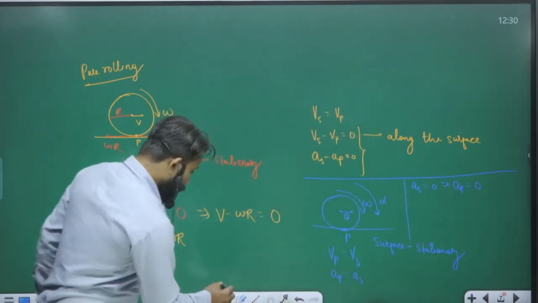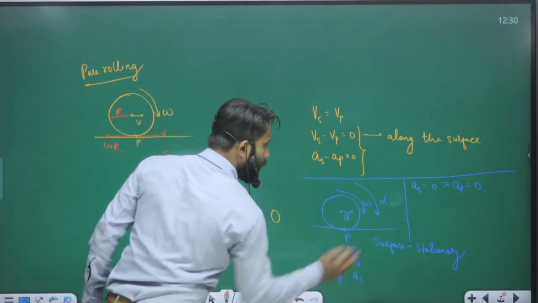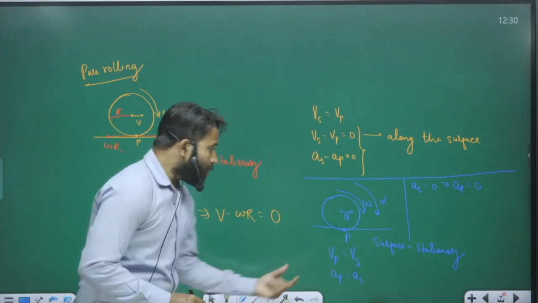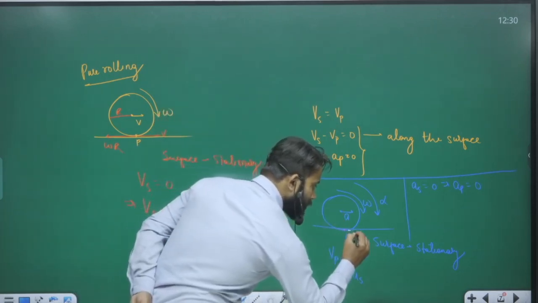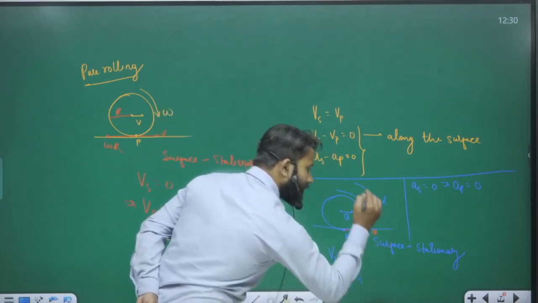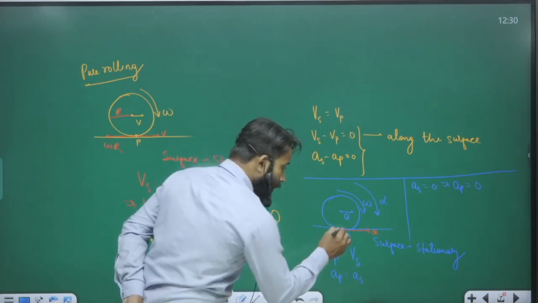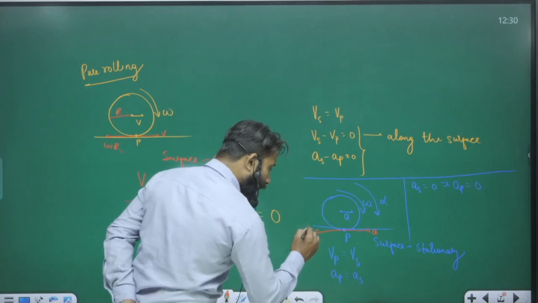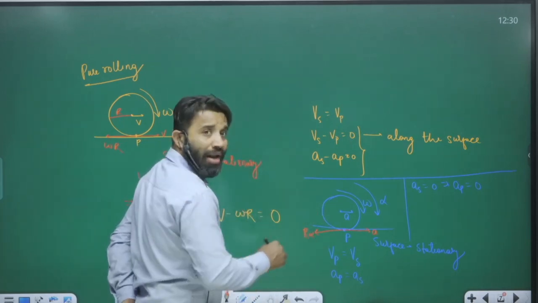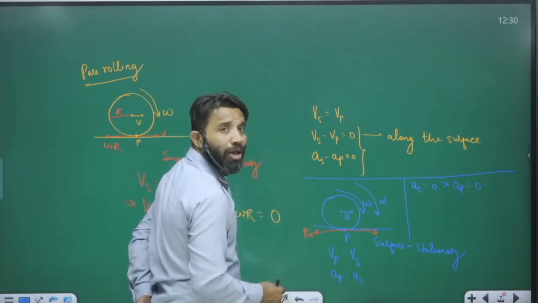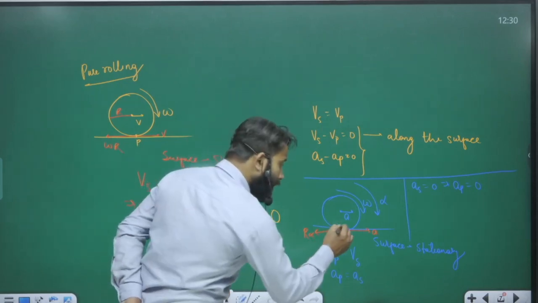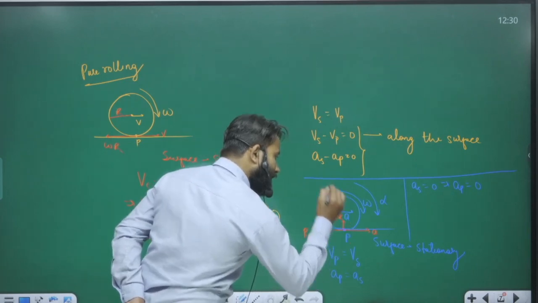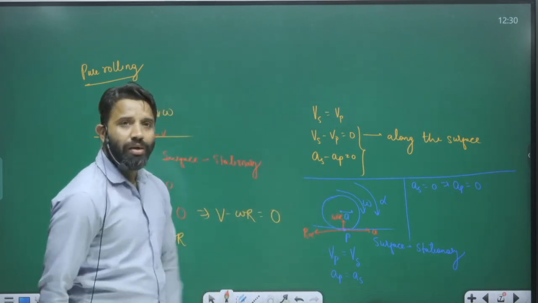Now try to observe the acceleration of point P. Due to translation, this point P has acceleration a in the forward direction, in the backward direction it has acceleration r into alpha, and as the point P is performing circular motion with respect to point A, it has a centripetal acceleration, that is omega square r.